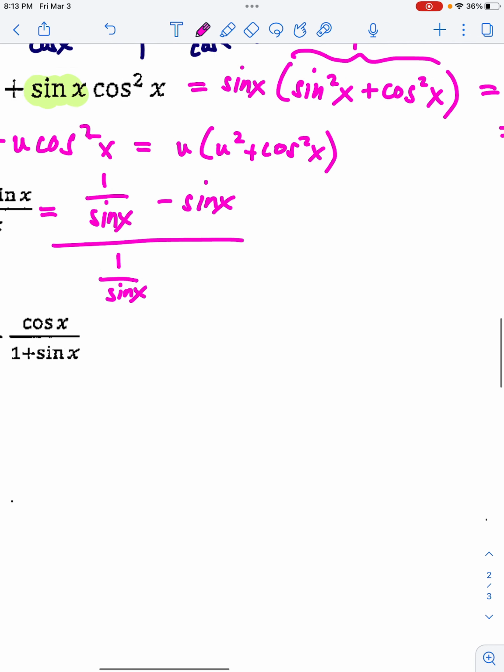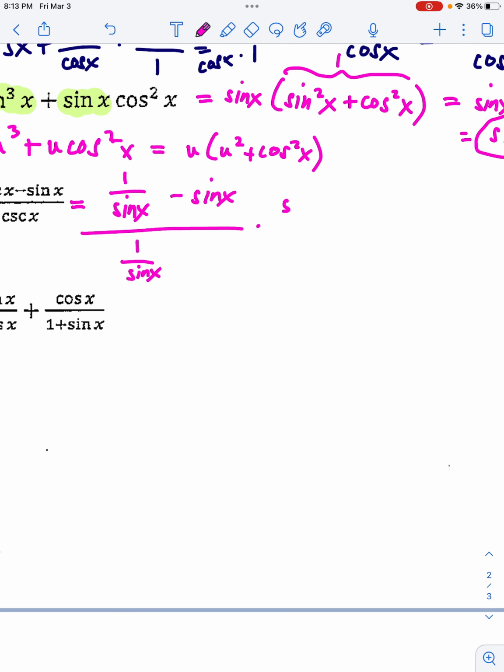So what I'm going to do is multiply the top and bottom of this fraction by sine of x, okay? So I'm thinking to myself, how can I turn the top of this fraction into a 1 minus sine squared? Well, if I multiply by sine on both terms, it turns into that, okay?